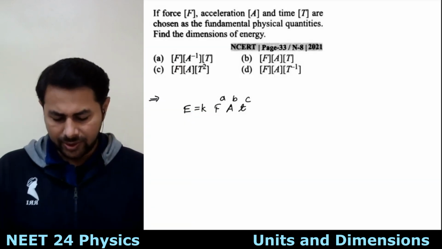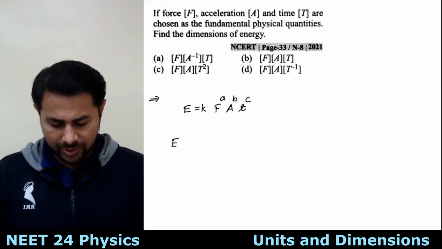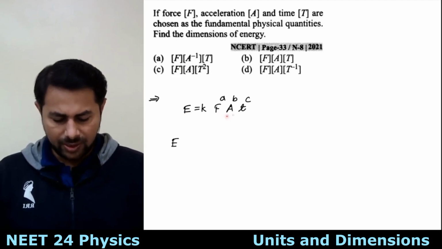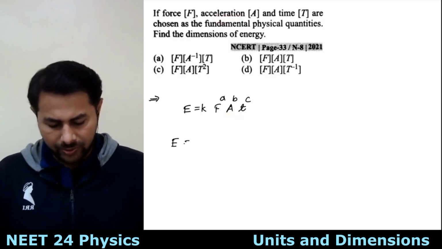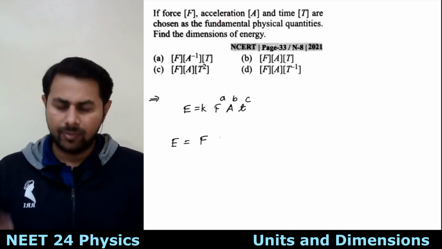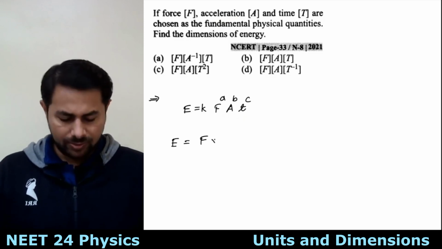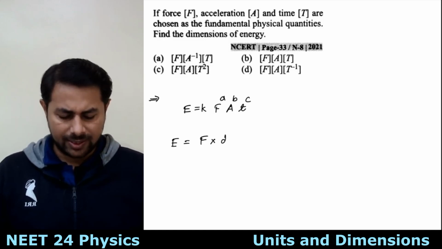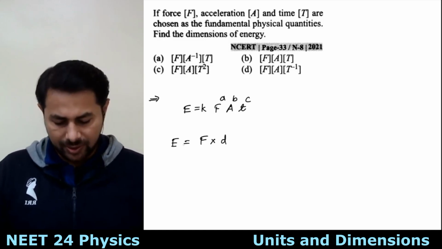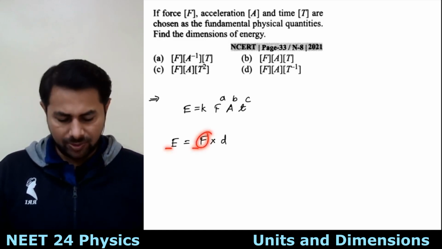So what we will do is, we know this formula, we want relation of energy with force, acceleration and time. We know energy is equal to force multiplied by displacement, right? Force into displacement. Let's write D for displacement. F is already there in this formula.